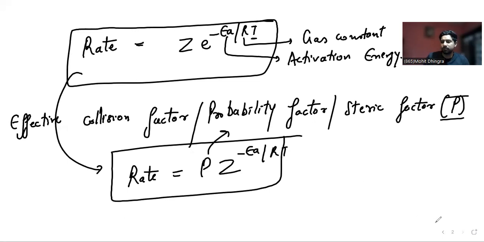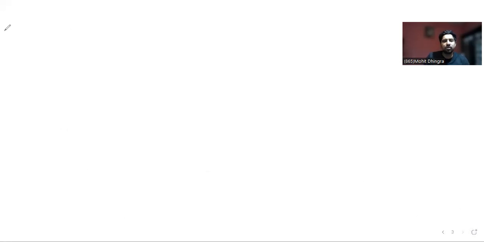Along with that, this theory also says that these collisions can be effective only if the molecules are properly oriented, that is, if the orientation of the molecules is according to the requirement so that the products can form the bond.